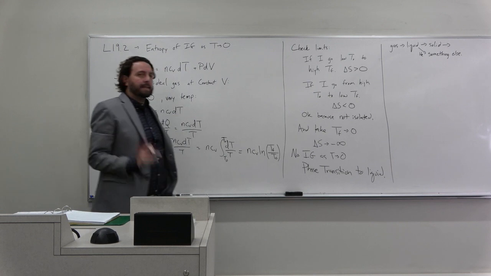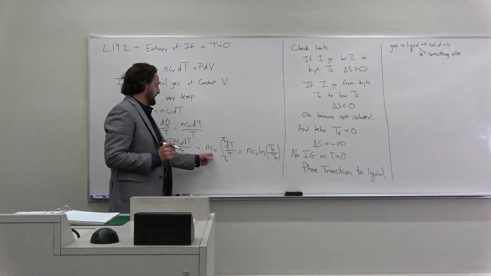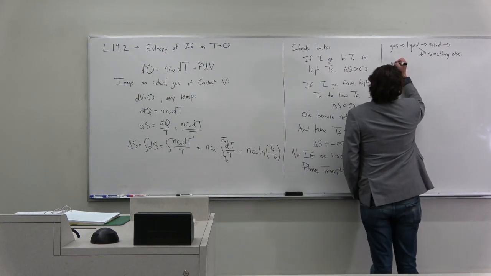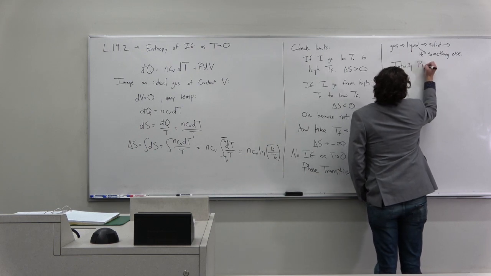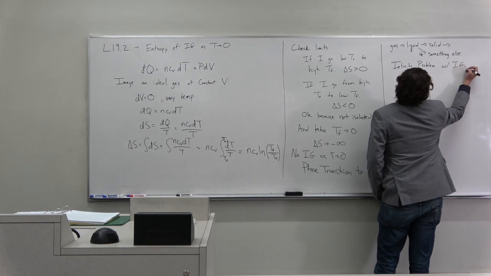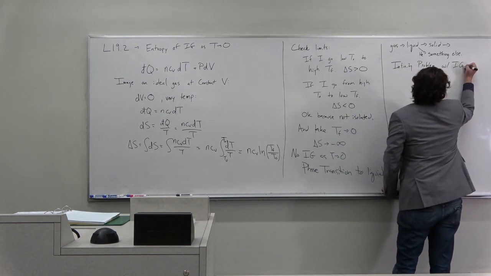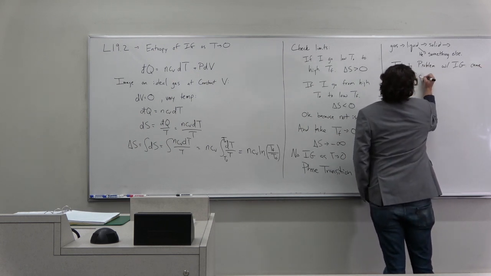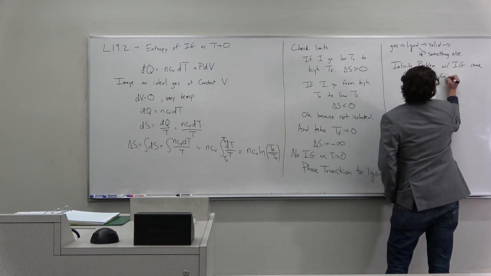Okay, but why? What's the problem? The problem really arises in this step, right? So our infinity problem with our ideal gas came from the constant heat capacity, CV.